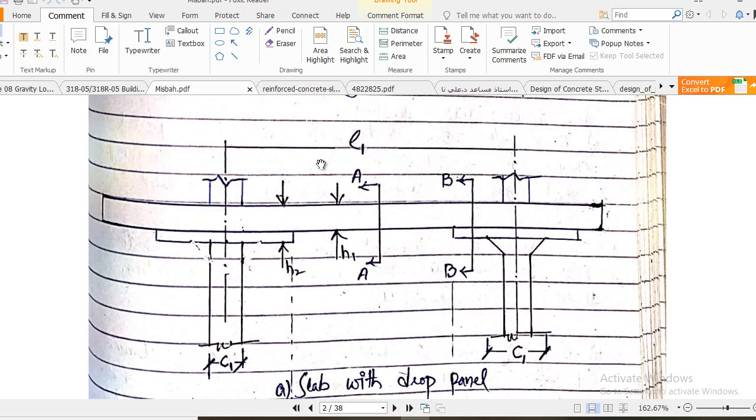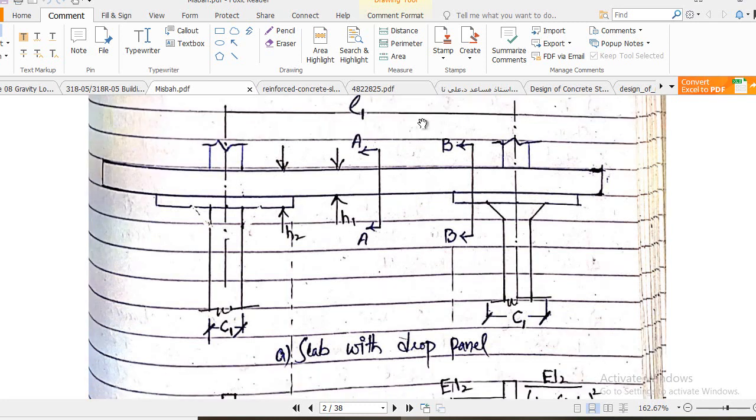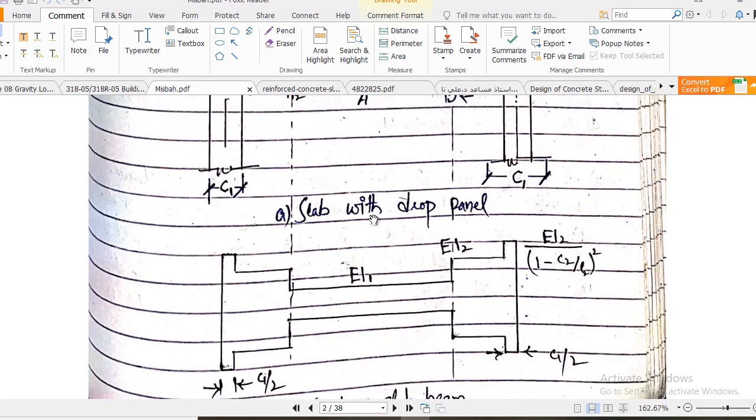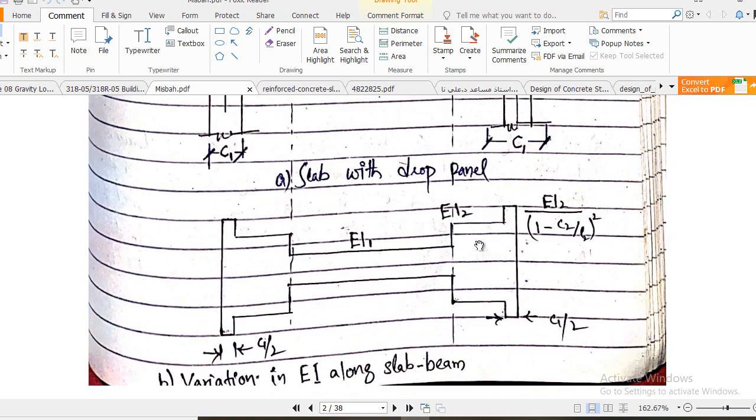What is L1? L1 is the center to center distance. Remember, L1 is that distance, as if you are familiar with the DDM method. L1 is the span length in the direction of our analysis, and L2 is the cross dimension. Clear? So this is a slab with drop panels, and here you see the variation in sections.